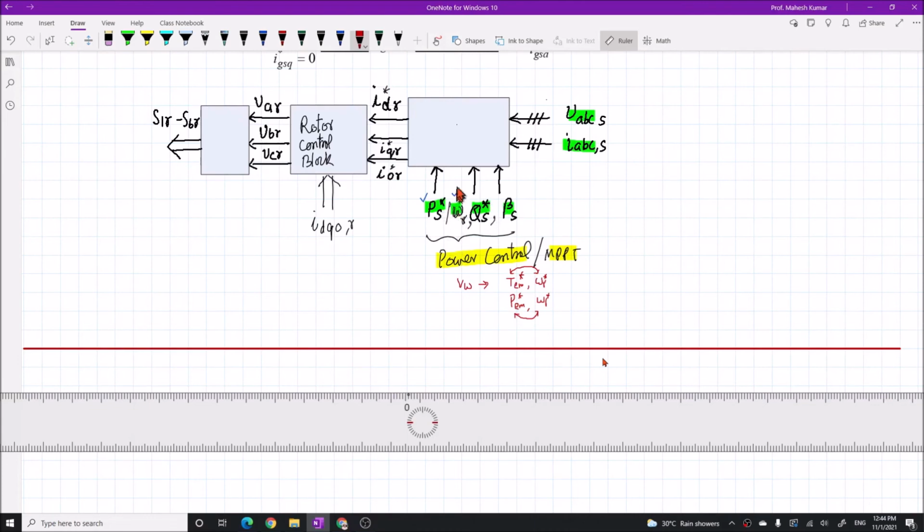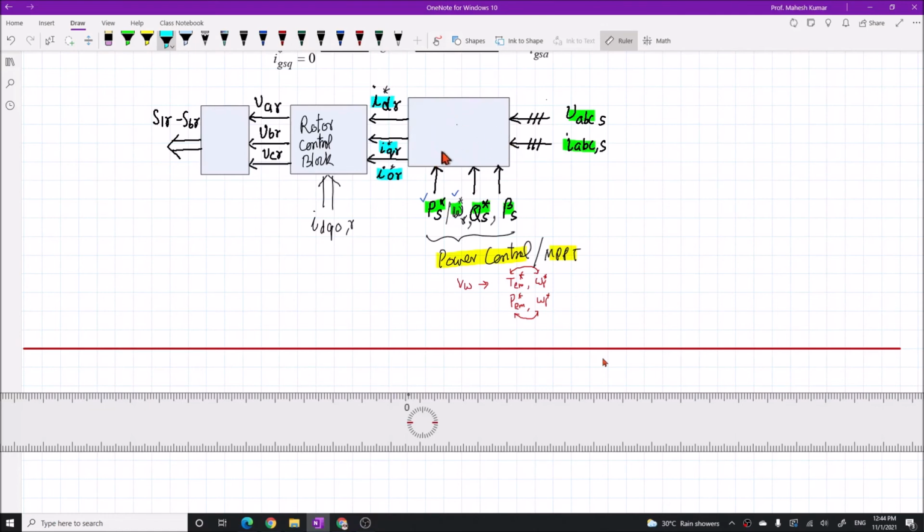So these go as the input. The voltage of stator and the current of the stator go here. They finally generate the reference currents for the rotor side, that is I dr star, I qr star and I 0r star. In between there is a significant calculation here.